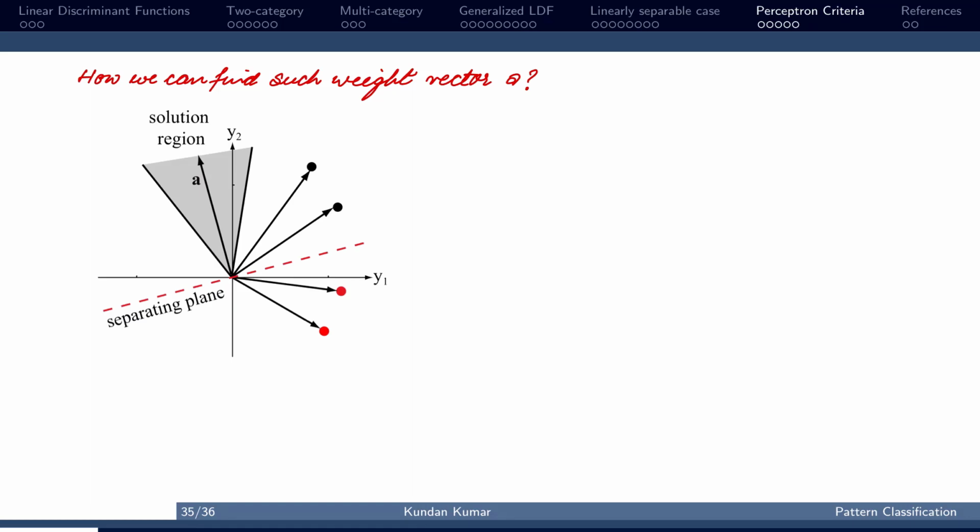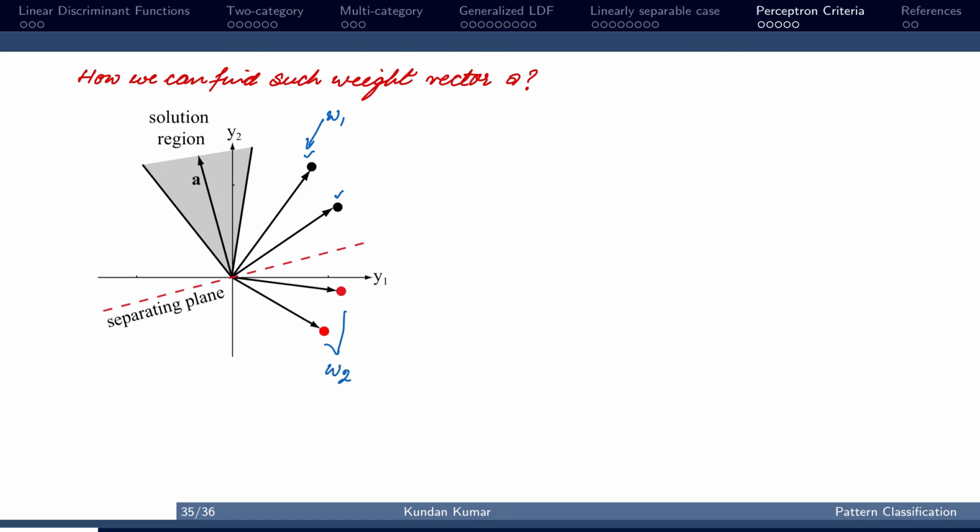So let us try to understand this feature space. Here this feature and this feature belong to class 1 and these two features belong to class 2.